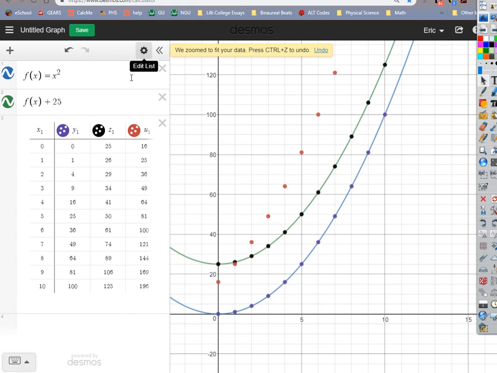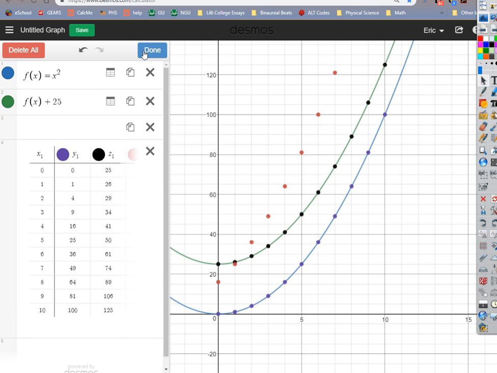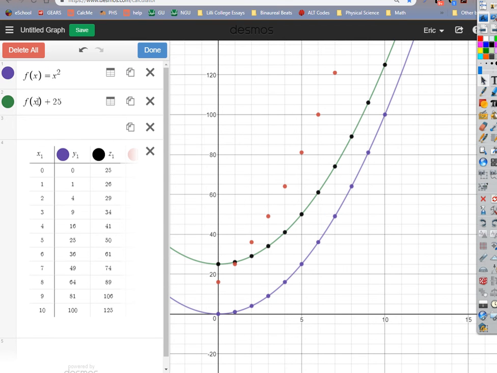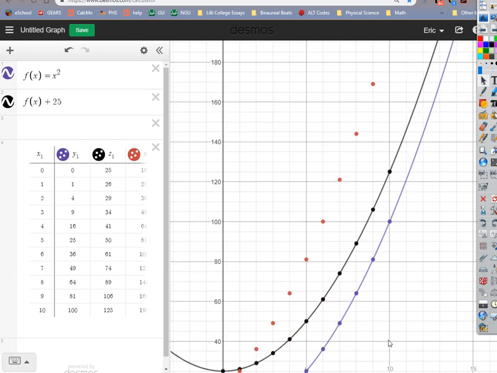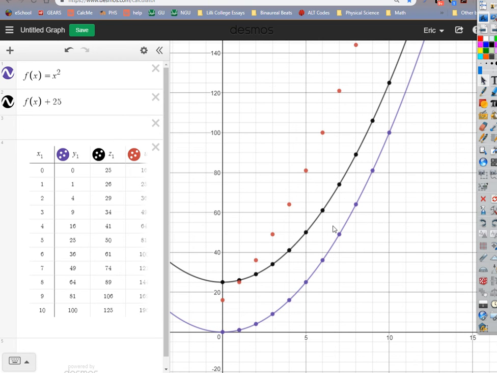Let's fix the colors. So this one's supposed to be purple now. Gotcha. And this one's supposed to be black. Okay, what did it do? It looks, did I mess something up there?